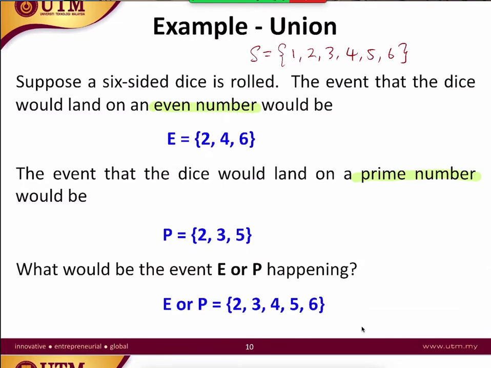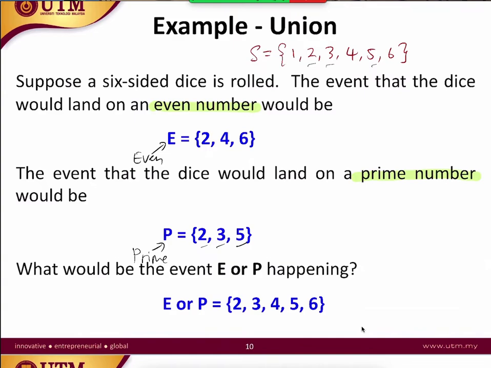Maybe during the lecture later I will ask someone to tell me what it means. How you name your event is up to you. Just now we used E to represent even, and we use P to represent prime number. The prime numbers are 2, 3, or 5.